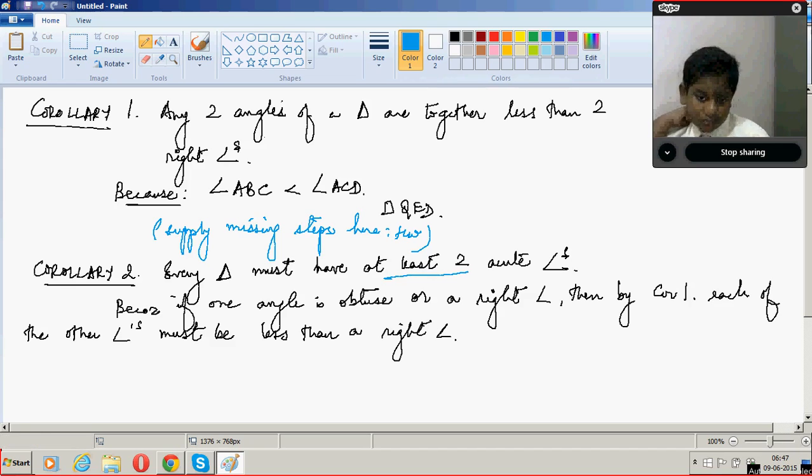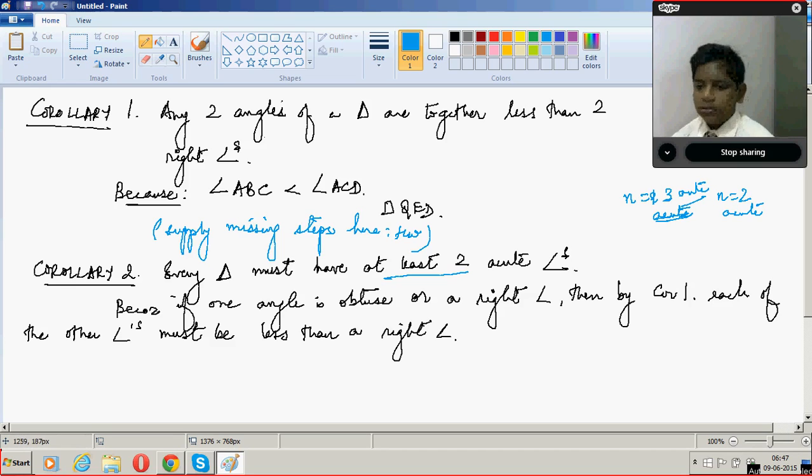That means n equal to 2 or n equal to 3 acute. Now, if one angle is obtuse, what happens? Obtuse means greater than 90 degrees. Then by corollary 1, each of the other two angles must be less than a right angle.